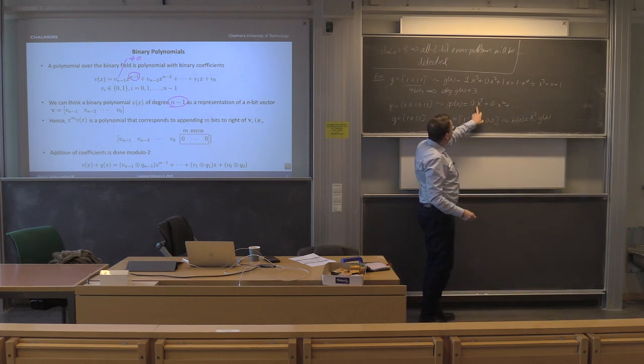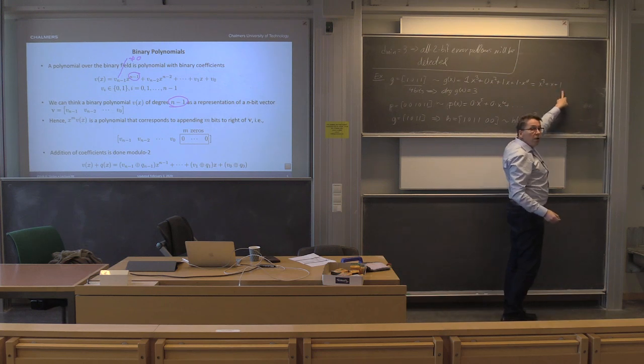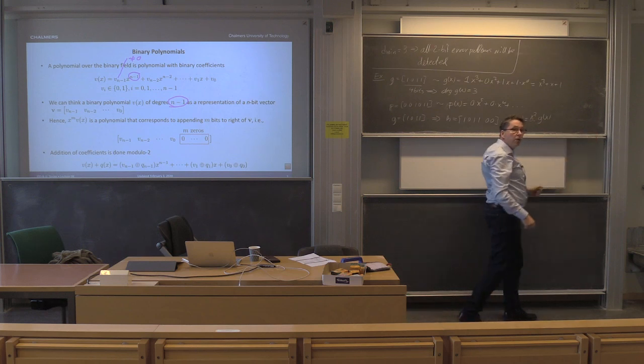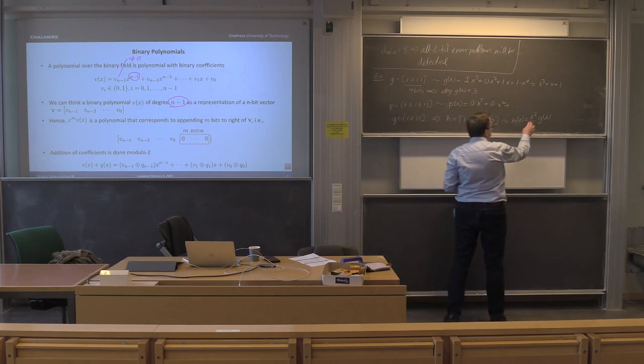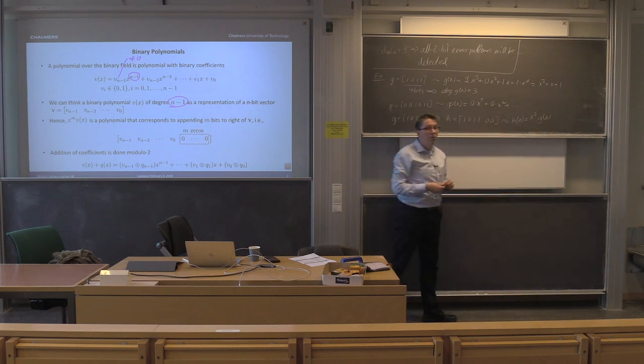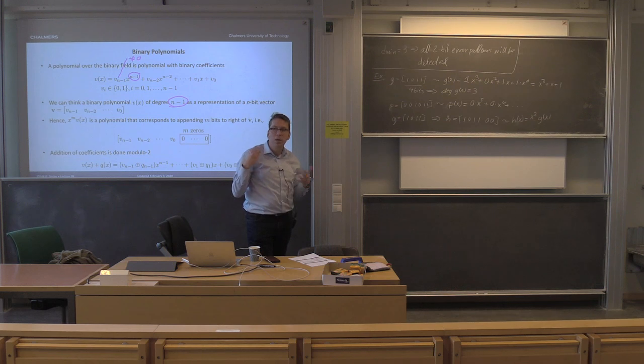Because with x squared, we increase the degrees of all of these, which is the same thing as adding some zeros to the right of the bit pattern. So maybe this is a reason why we want to do polynomials. It's easy to do shifts of bit patterns by just multiplying with the corresponding power of x. So that is actually quite useful in the math we will now develop.